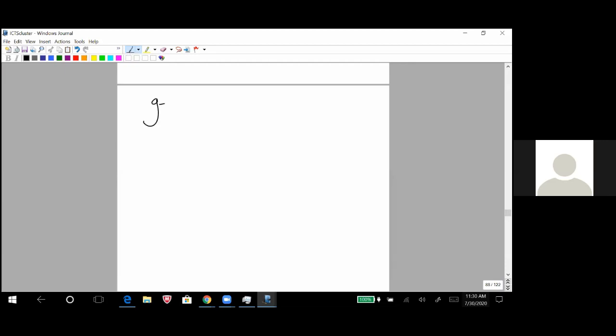So I want to give you a simple picture for computing the g vectors of surface cluster algebras. And I'm not going to prove any of this, although I think as we go, you'll get a good sense for how the proof works.